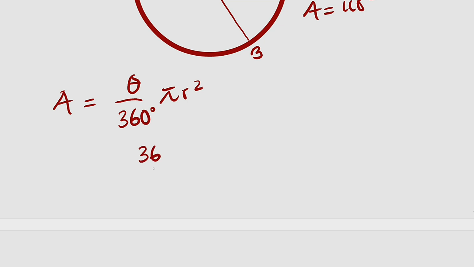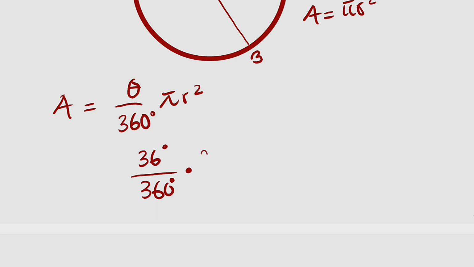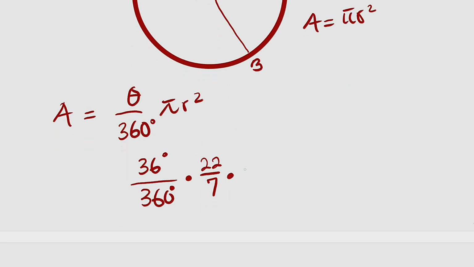So we have 36 degrees divided by 360 degrees. Multiply by, they say we should use pi as 22 divided by 7. So I'm going to use 22 divided by 7, then multiply by r, which is 7 squared. And you know 1 7 here will cancel this 7.